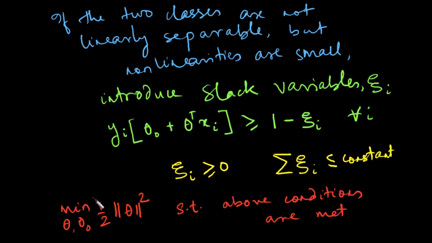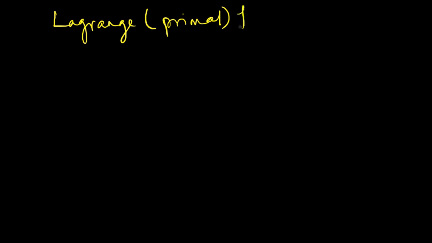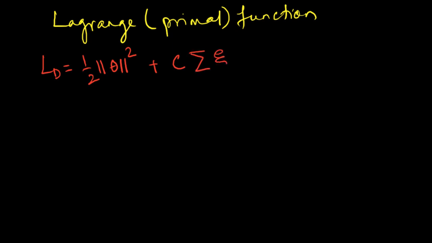So now again we use the same method of Lagrange multipliers but with three additional terms. Earlier we had this, and now we have to add this as well as this. So we have a new Lagrange function in this case. Sometimes it is also called the Lagrange primal function, and that is now given as half norm of theta squared plus C times summation xi i.